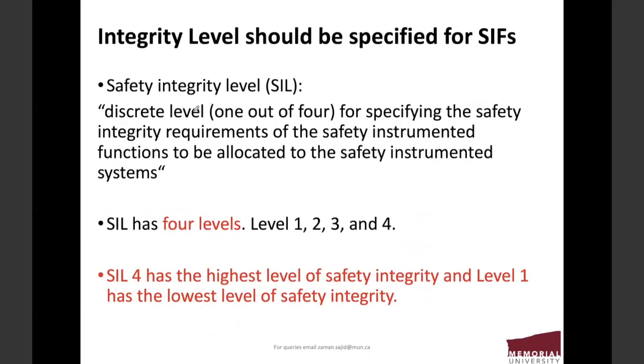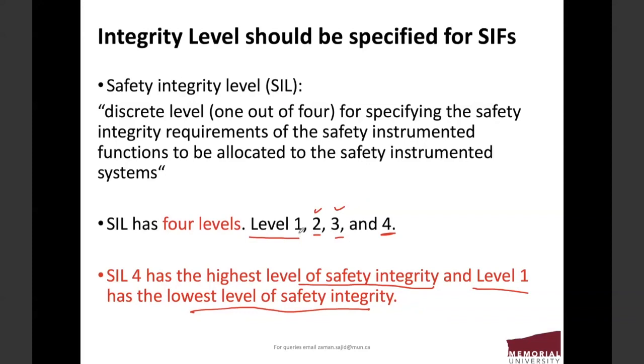As I mentioned, your SIL has 4 levels: level 1, 2, 3, and 4. SIL 4 has the highest level of safety integrity, whereas level 1 has the lowest level of safety integrity. And we can go intermediate between 2 and 3 if we require to.